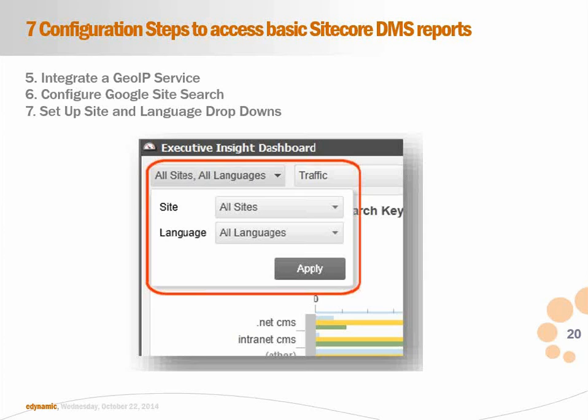The next step is to configure Google Site Search so that it captures the search term for internal site search. We all know why it is very important to track internal site search.